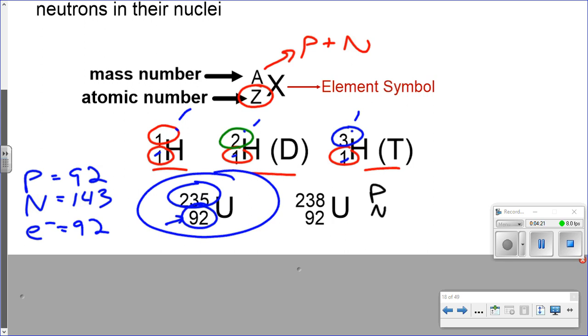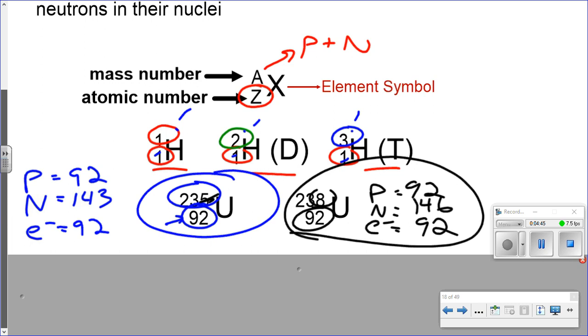How many protons does it have? It must have 92 because that's the atomic number. Same with the electrons. But now we have 3 more neutrons here than we had over here, so this must be 146. Again, because it's 92 protons, it must be uranium. They both must be uranium, just that this one that I outlined in black is a little heavier, but they still act as uranium.